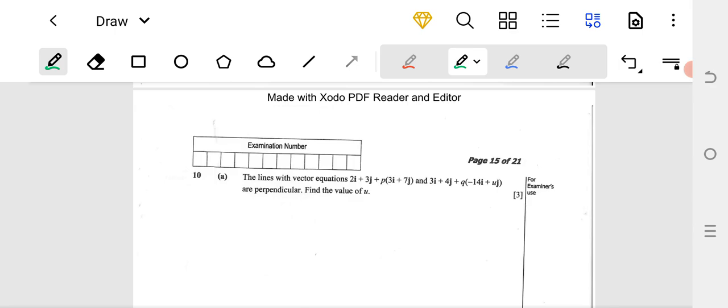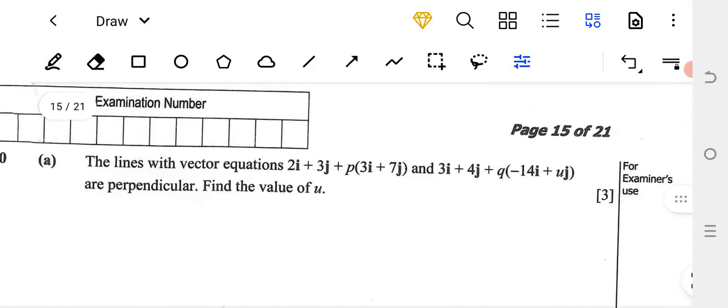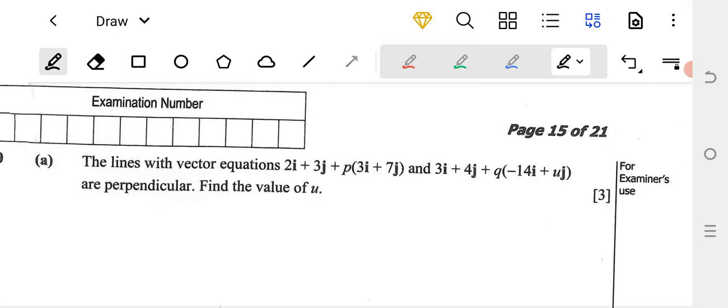They want you to find the value of u. So how do you find the value of u? Very easy. If 2 lines are perpendicular, it means that the direction vector is this part having p and this part having q. So the product of those 2 vectors should give you 0.